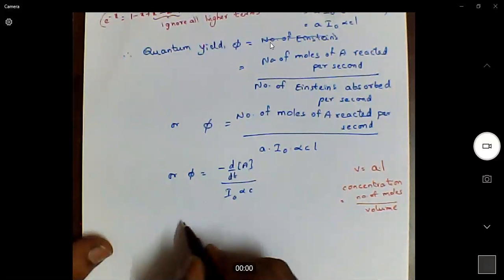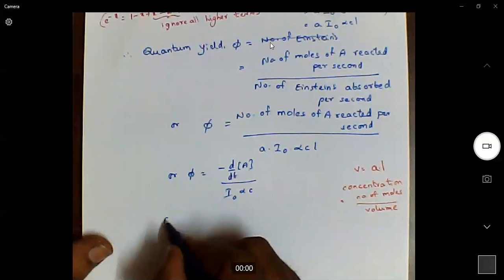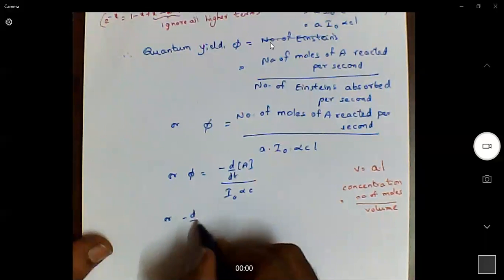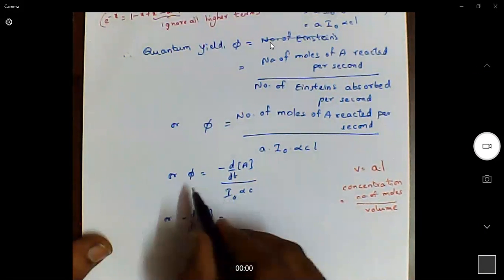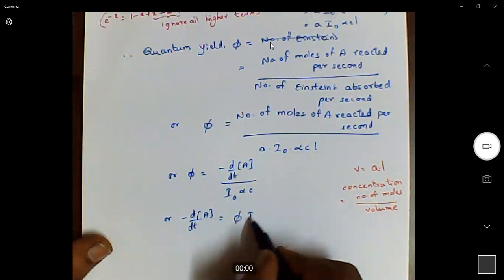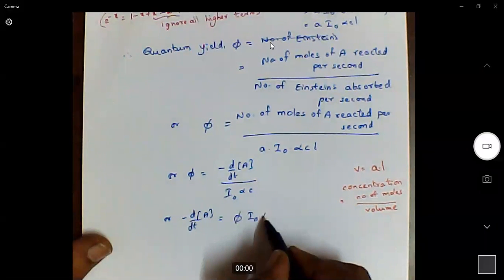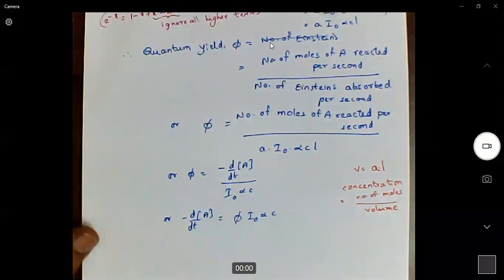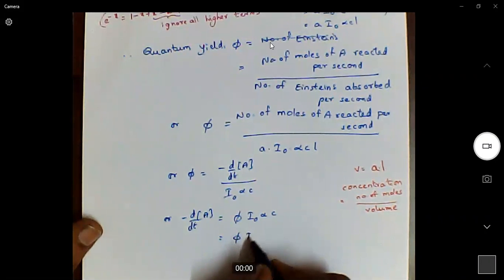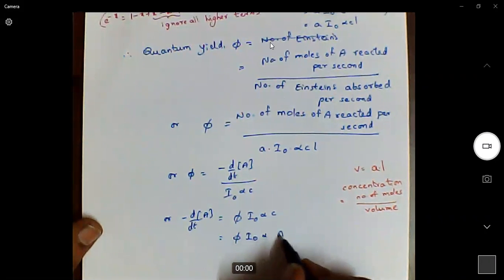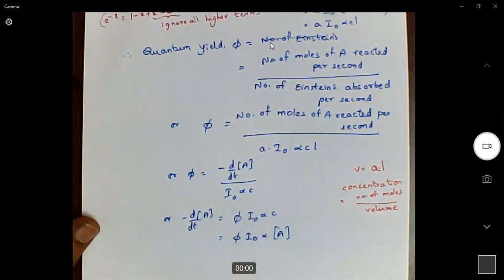Or we can say minus d by dt of A is equal to, make everything that side, phi into I naught into alpha into C. What is C? C is nothing but concentration of A. So we can write like this.